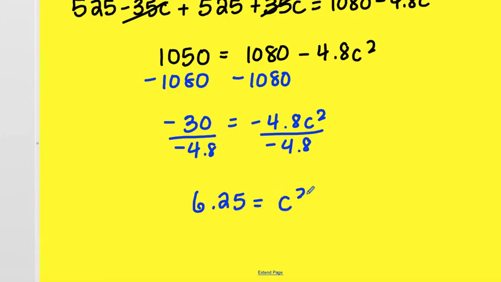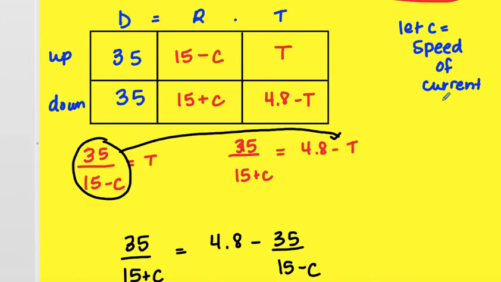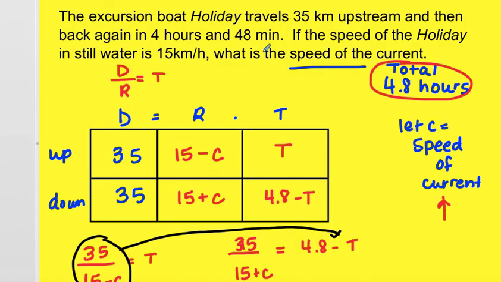So 6.25 equals C squared, and then I can take the square root of both sides. The square root of 6.25 is 2.5. So the speed of the current is 2.5, and the units were in kilometers an hour, so 2.5 kilometers an hour. All right, guys, hope that was helpful. Have a great day.